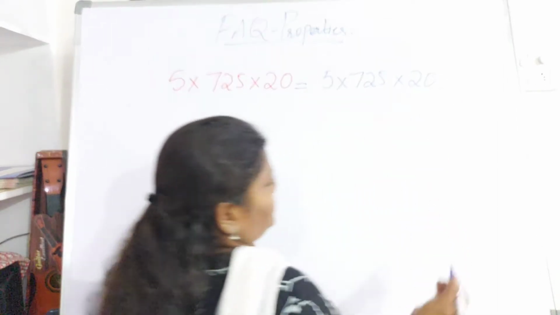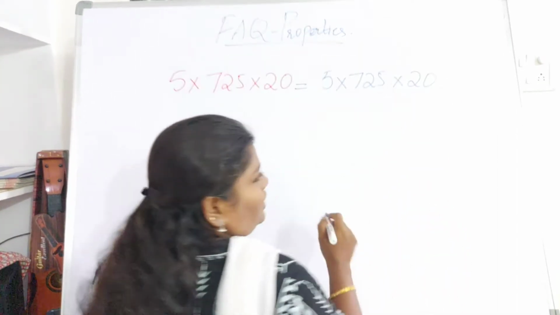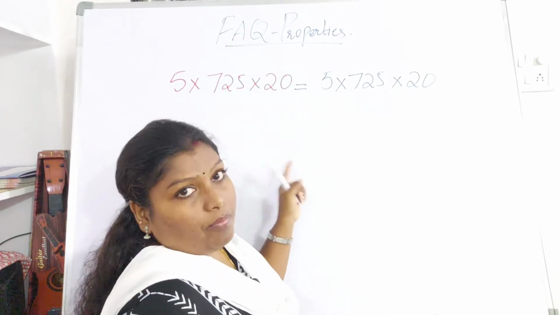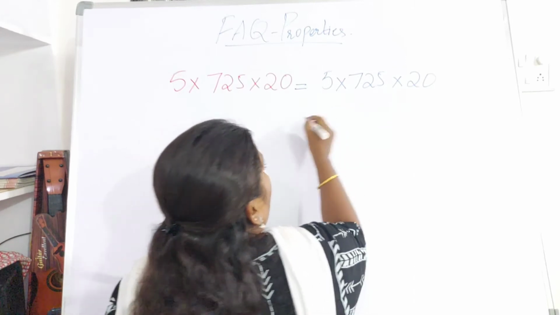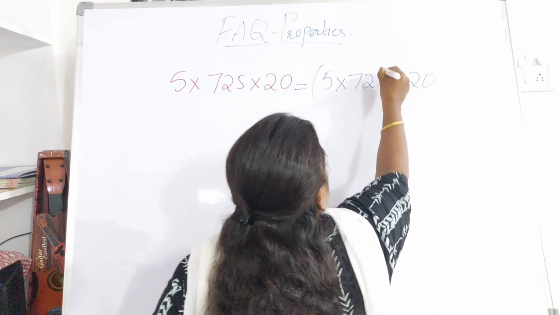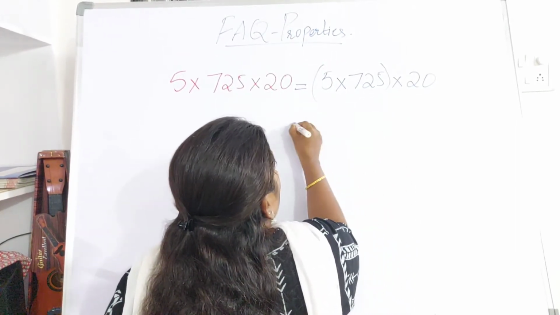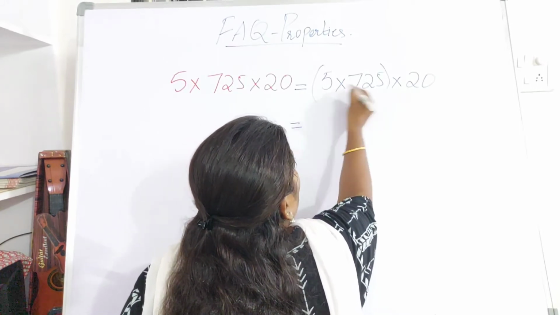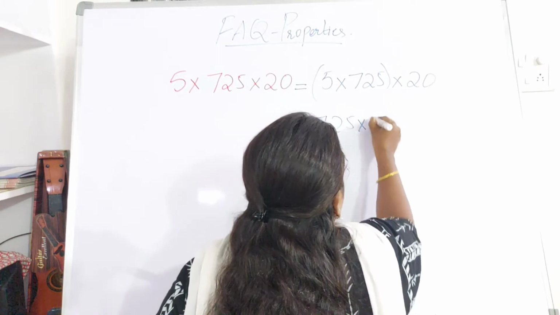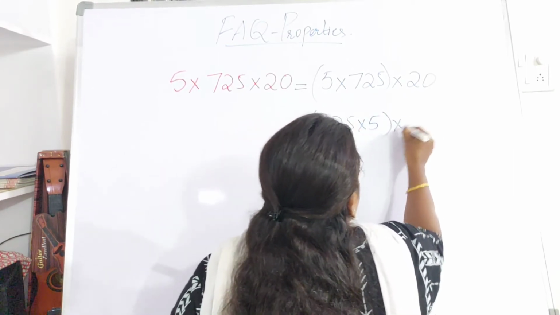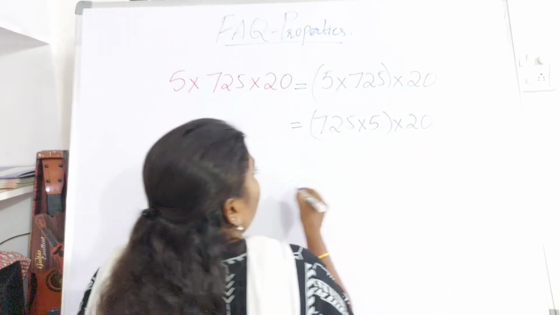Now here you can see that there are three numbers in it and the operation used is multiplication. So now I'm going to consider these two. So this can be written as 725 into 5 into 20. Now this is nothing but commutative property.